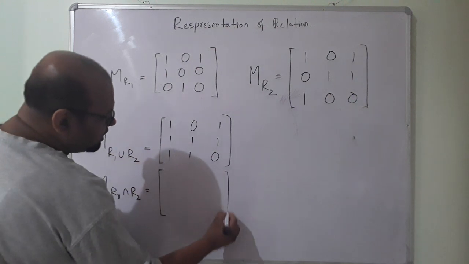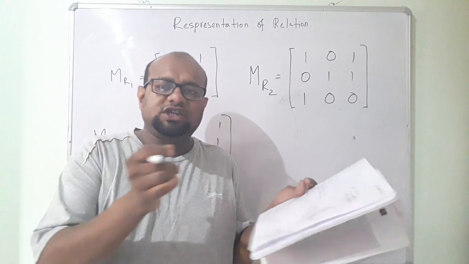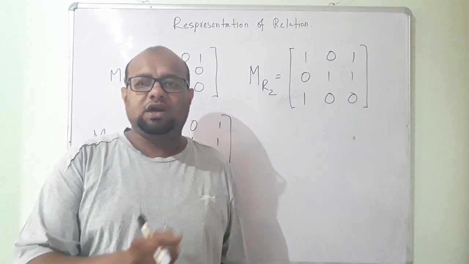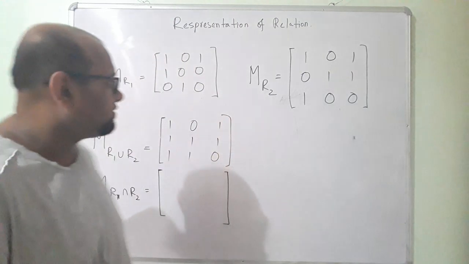Previously we did union, and we did union how? By taking the position wise OR, right? Now we will do the position wise AND to find the intersection.